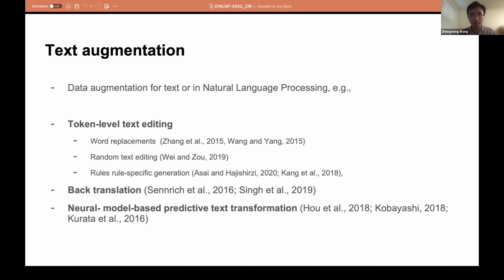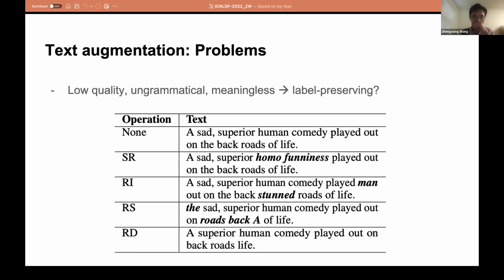But unlike computer vision or speech recognition, augmenting text is much more challenging. That's because the nature of language is different than the nature of image or speech, so it's very hard to have universal and very effective text augmentation techniques for natural language processing.